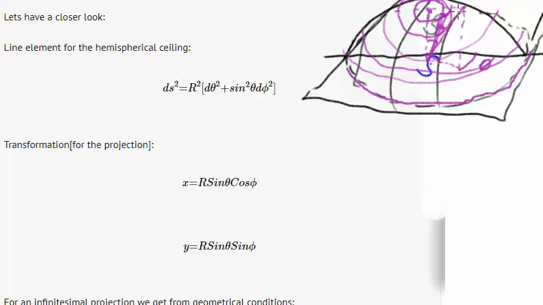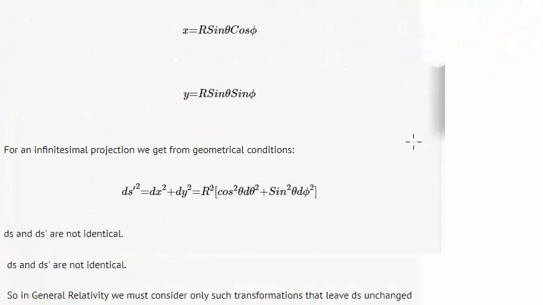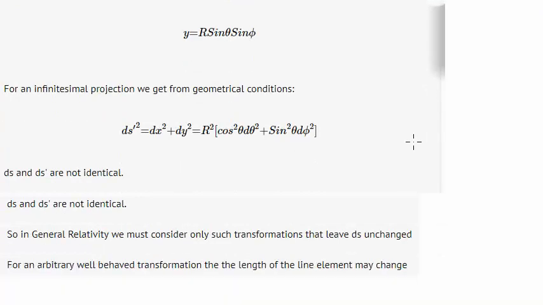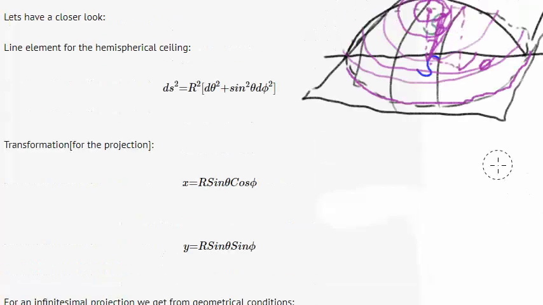The transformation for the projection, he's basically projecting that S straight down onto the plane of the floor, and x equals r sine theta cosine phi, y equals r sine theta sine phi, and that is correct. And then he says, for an infinitesimal projection, we get from the geometrical conditions that ds prime squared is equal to dx squared plus dy squared.